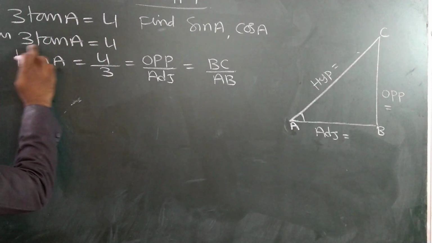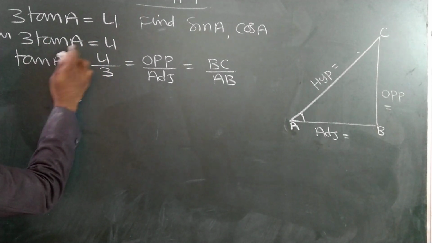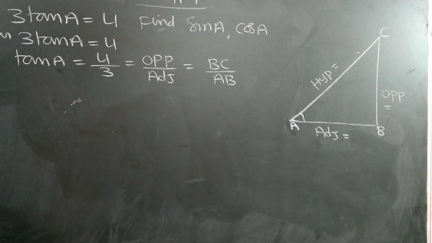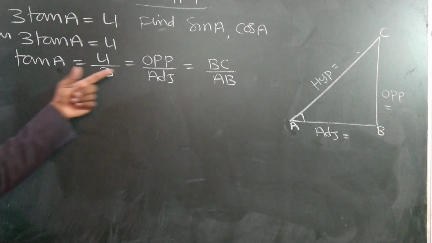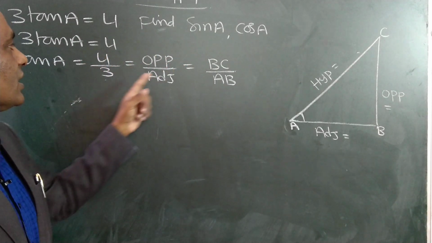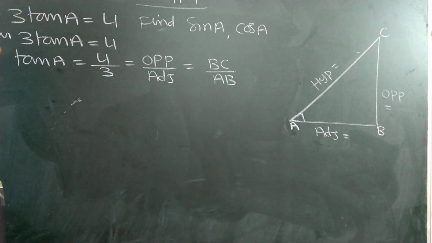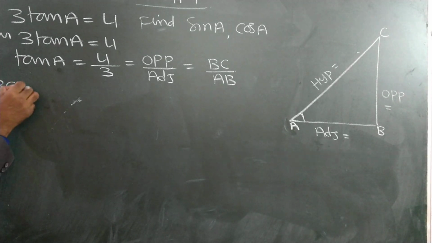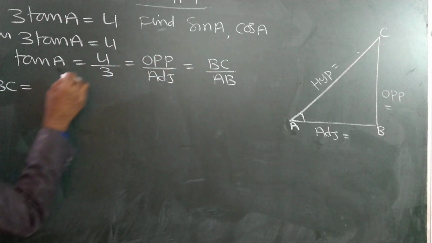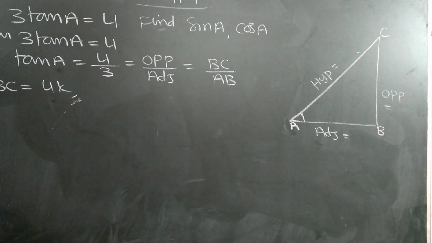Three tan A is equal to 4 is given. Tan A is equal to 4 by 3. So that means one ratio is given and tan definition is opposite by adjacent, BC by AB. What is BC? 4K, like the previous problem.